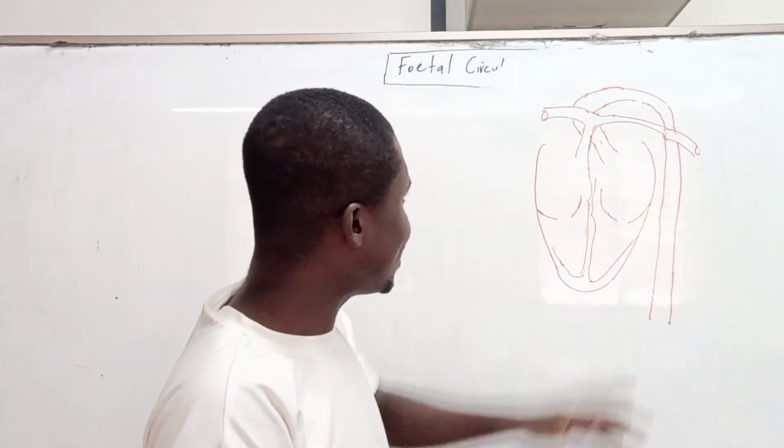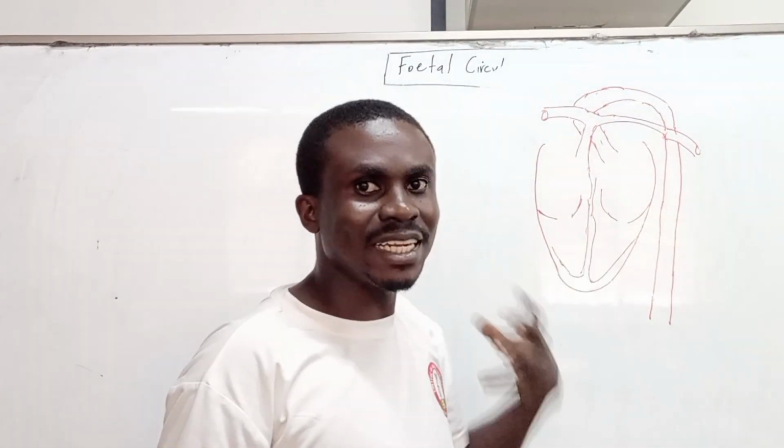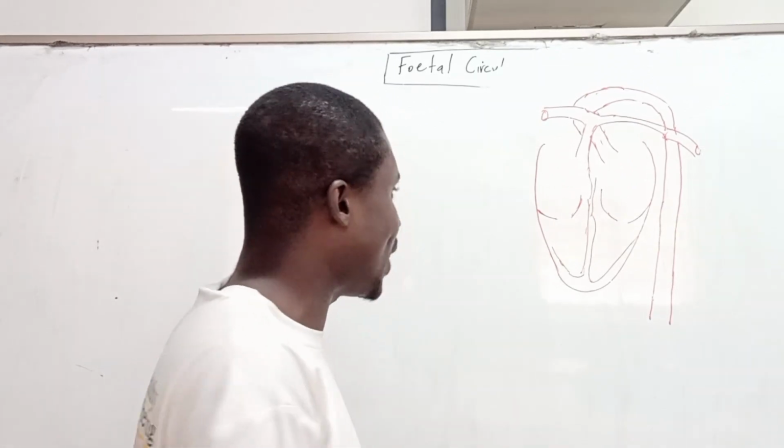Initially we have the ascending aorta, then it arches, then it goes down as the descending thoracic aorta, eventually getting to the abdominal aorta.